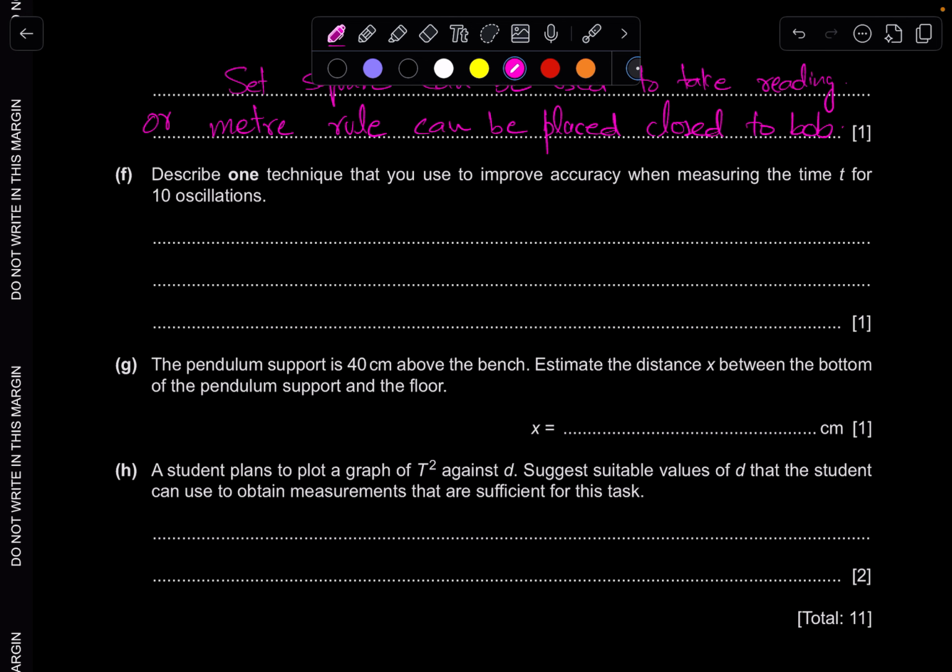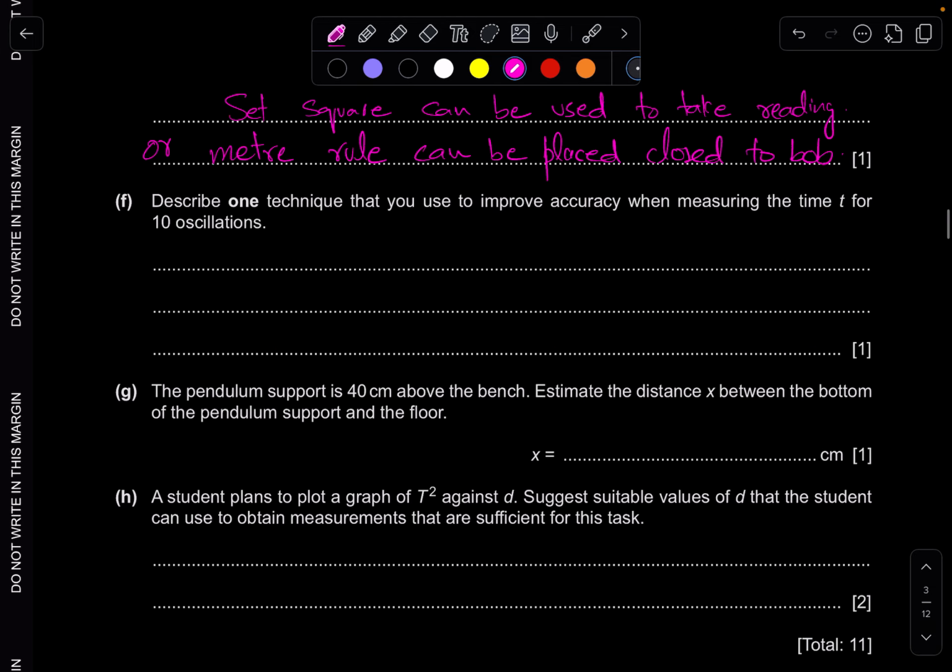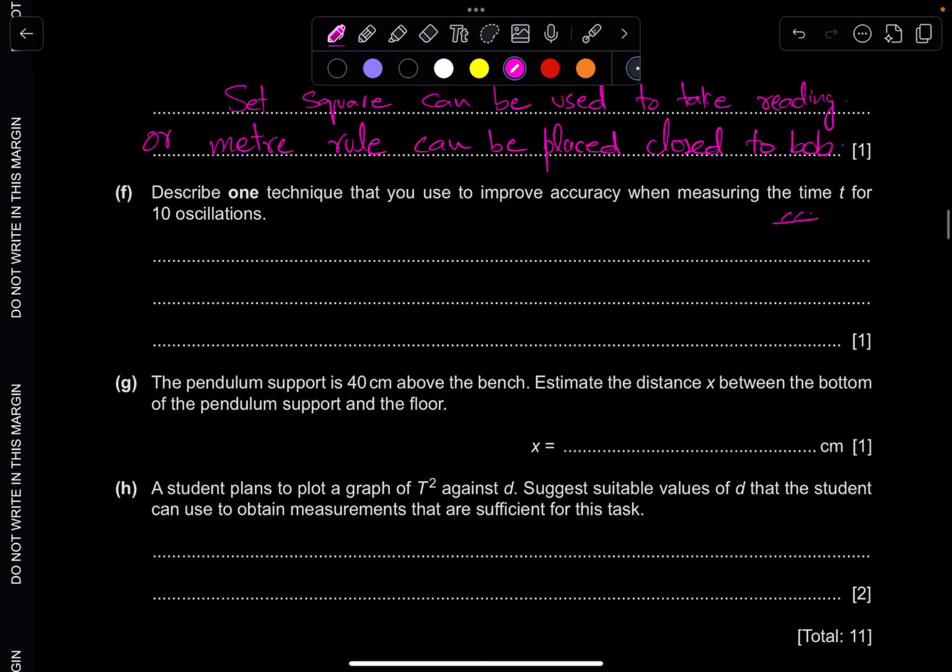Then they ask to describe one technique that you use to improve accuracy when measuring the time t for the 10 oscillations. Okay, they have already told you it is 10 oscillations, so you can't say that we are taking more or fewer oscillations, because that is fixed. So what we can do, let's suppose this is the pendulum, you can set some reference point from which you will start the stopwatch, right?